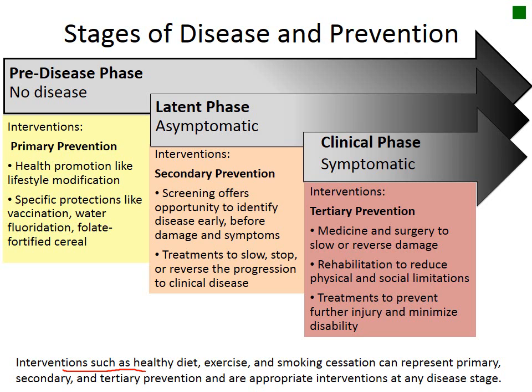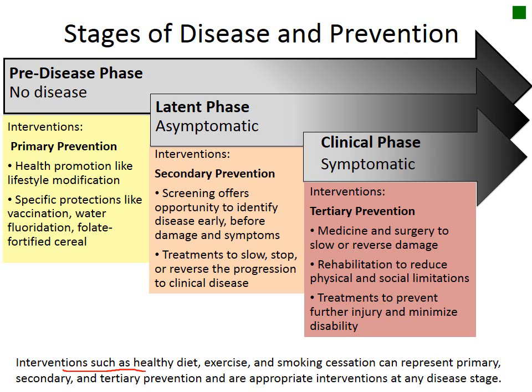And then tertiary prevention is when the disease is present and there are symptoms, and now you need pharmaceuticals and drugs and perhaps surgery to slow or reverse the damage. And then, pharmaceuticals can also be used in primary prevention. A good example of that is vaccination, water fluoridation, as well as nutrition.